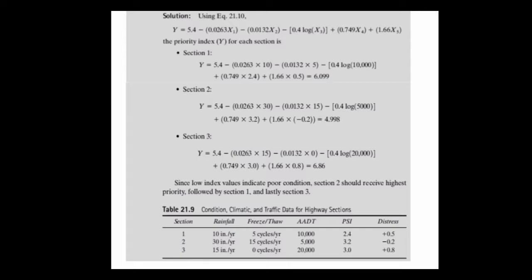For section 2, we obtain the value of y, or the priority index, as 4.998. And for section 3, we obtained the value of y as 6.86. Since low index values indicate poor condition, section 2 should receive highest priority, followed by section 1, and lastly, section 3.